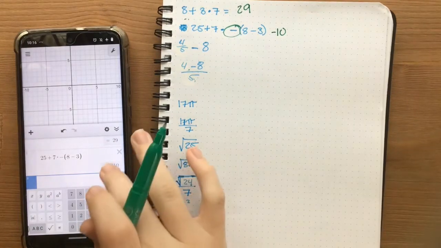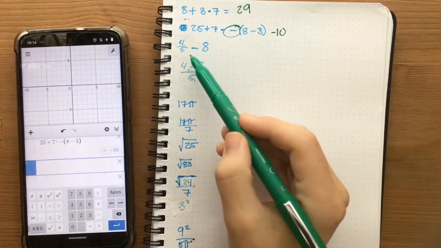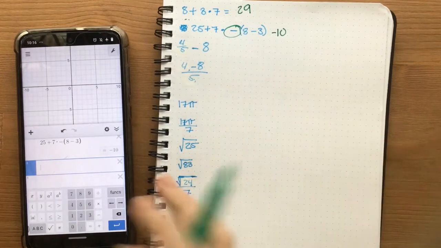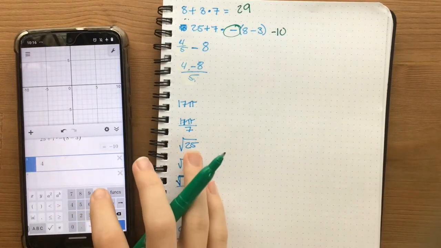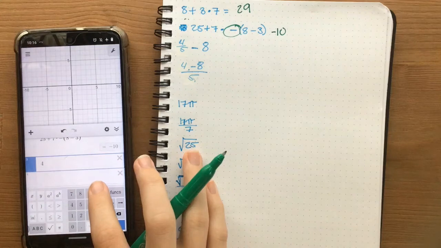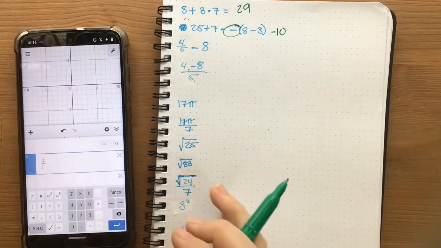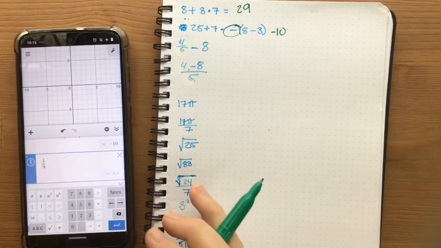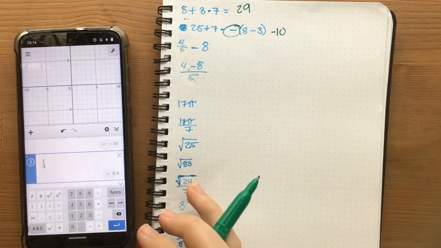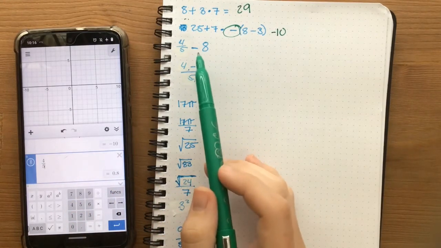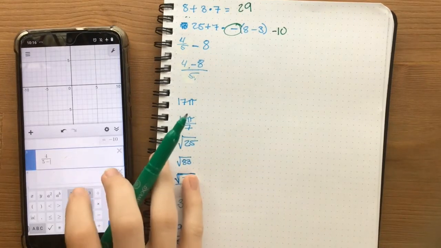Okay, moving on. We have 4/5 minus 8. So I'm going to type in 4. Now a fraction sign is just like the division sign, and that's how Desmos treats it. So I'm going to press the division sign, divided by 5. Okay, and now what a lot of you may do on your first try is press minus 8.